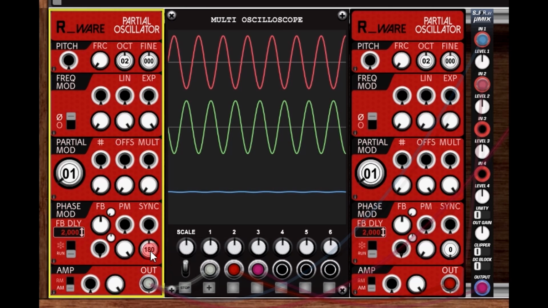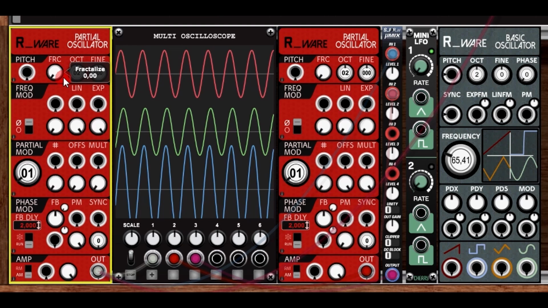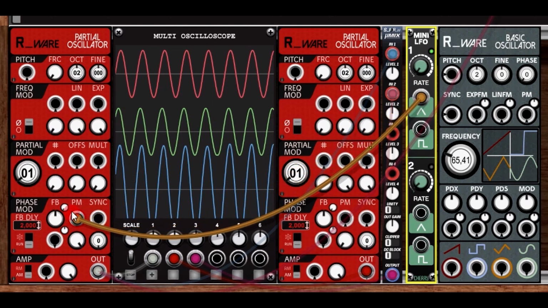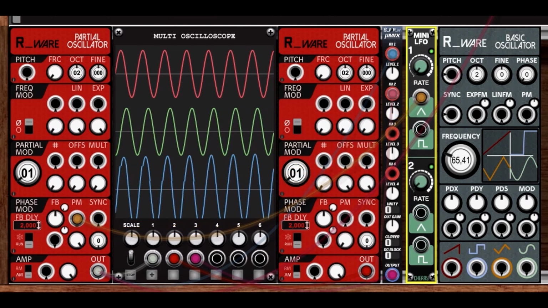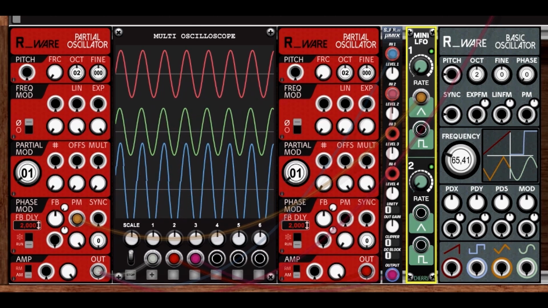Yeah, that's okay, 180. Now, the lows of one wave fall against the highs of the other, and so they cancel out. I can CV modulate this process, the phase shift, for example, by using an LFO. Let me do so. And now I'm already phase modulating the module, but in sub-audio rate so far.